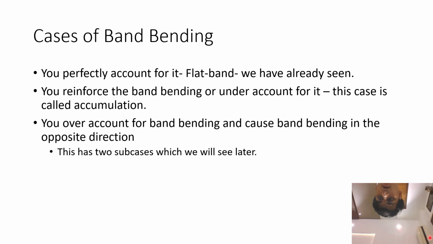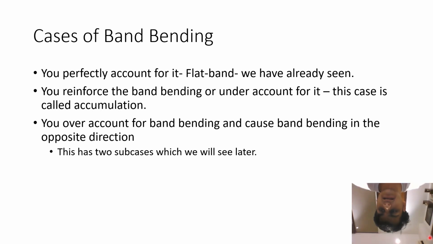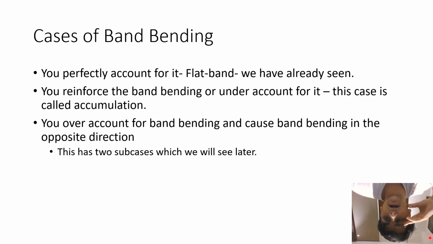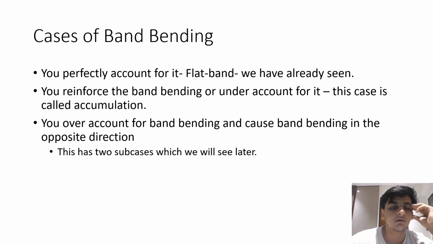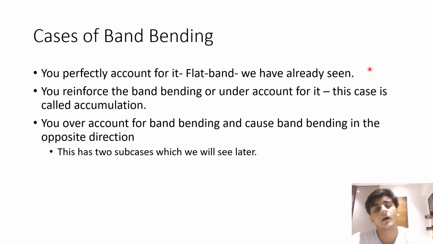Right, cool. Now I just want to talk about some cases of band bending. Either you can perfectly account for it, like we did in the case of flat band, which we've already seen. Secondly, you can reinforce the band bending by the voltage you apply. Like if you apply a negative voltage, the bands are going to have to bend even more because the Fermi levels are going to go like this.